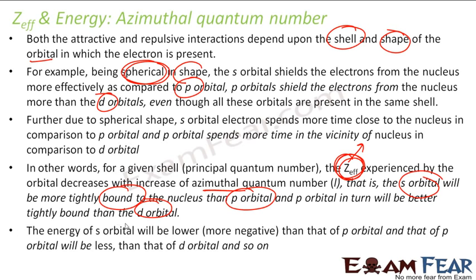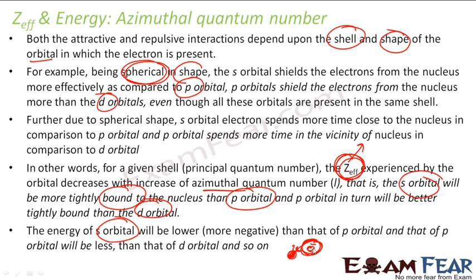The energy of the s orbital will be lower. Why? Because it is more tightly held. So it's very simple: if the nucleus is holding this electron more tightly, the energy of this electron will be less. It will have less freedom, right? So less energy it will have. The electron in the s orbital will be more tightly held to the nucleus because of the shape, so the energy in the s orbital will be less than the p orbitals.